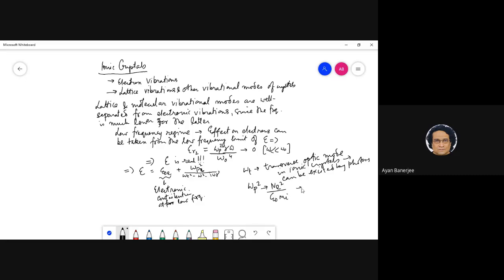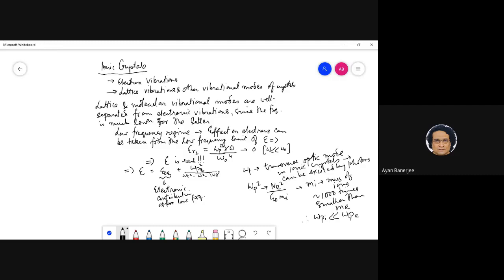Okay, and mi is the mass of ions, and this is about 1,000 times larger than me, which basically implies that omega p i is much less than omega p e. For the ionic, the plasma frequency is much smaller than the electron plasma frequency.